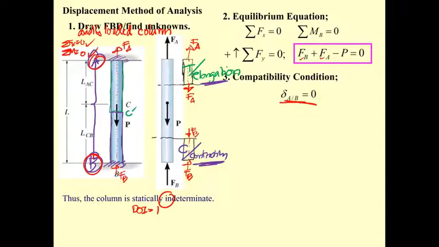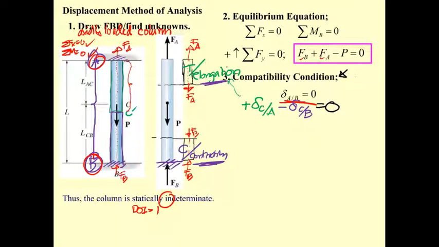But for this one, what we have is a change from C to C prime. So the displacement of C with respect to A is an elongation, and this one is minus the displacement of C with respect to B, and when the two are combined together it is going to be 0. So that is what is called the compatibility condition.